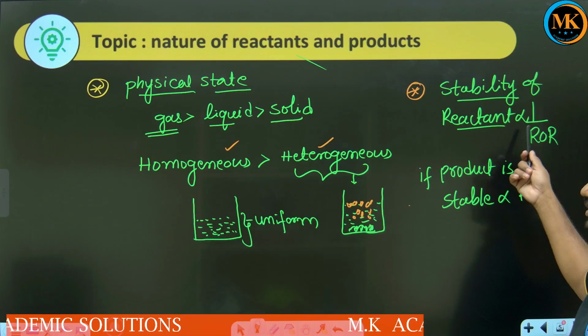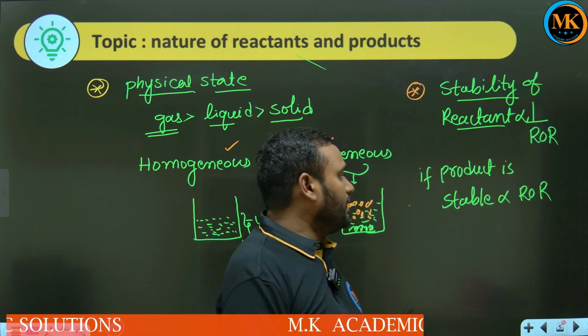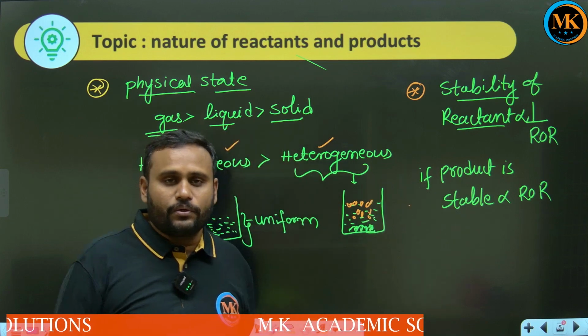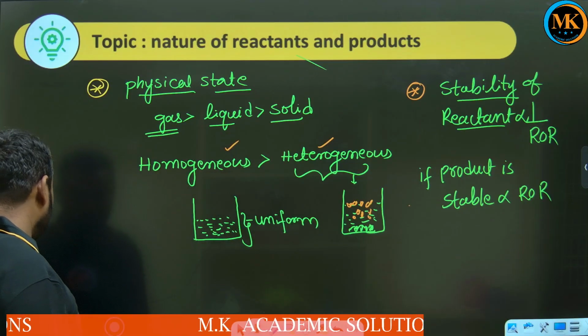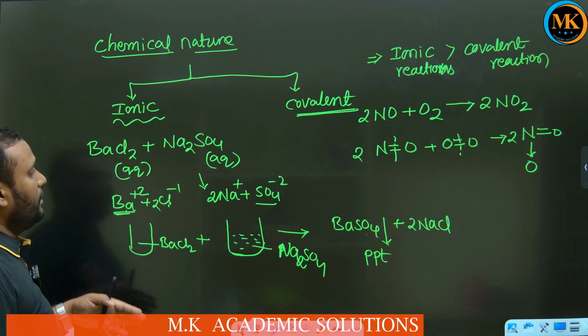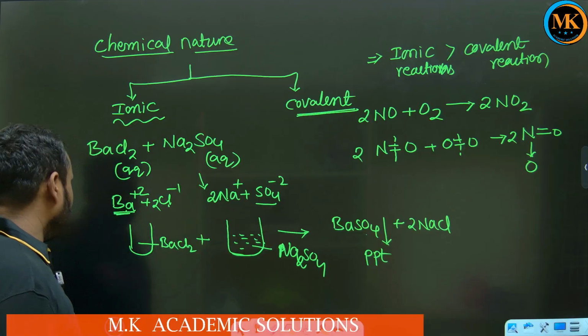Stability of reactant is inversely proportional to rate of reaction, and stability of product is directly proportional to rate of reaction. Next we discussed the chemical nature: ionic reactions are fast compared to covalent reactions.